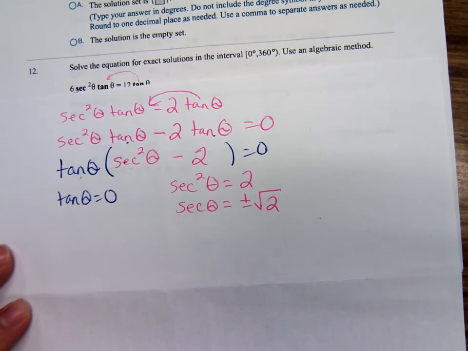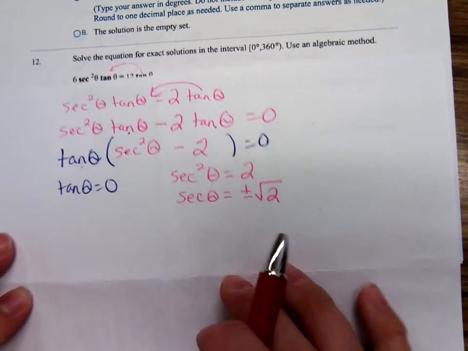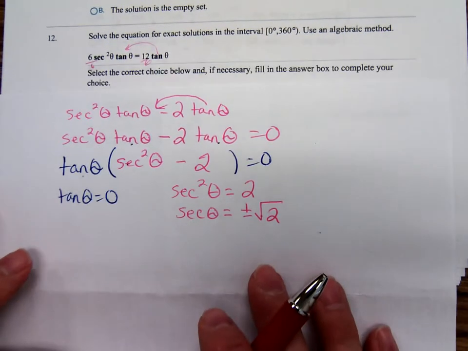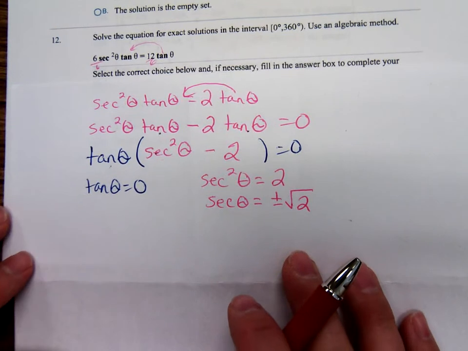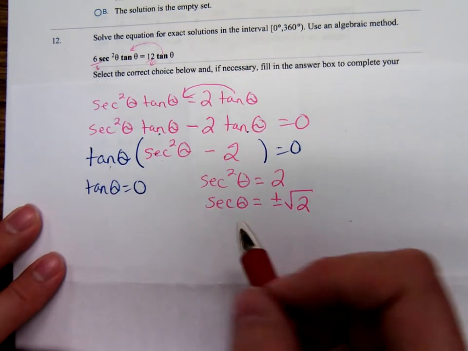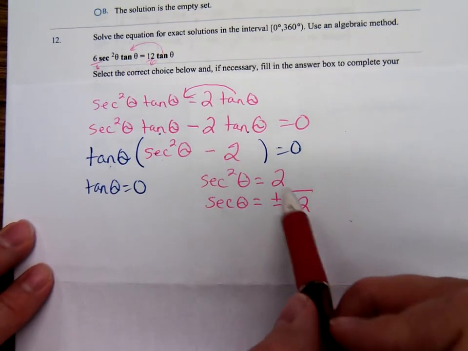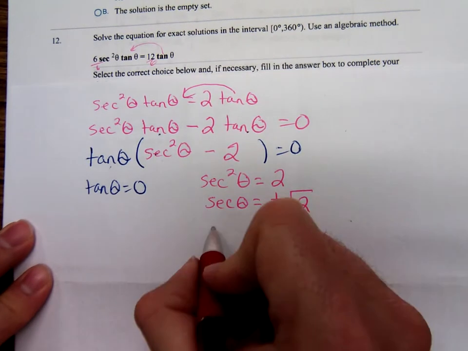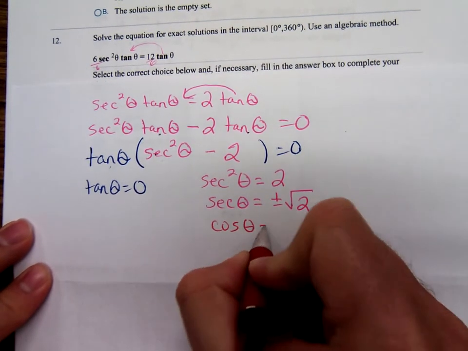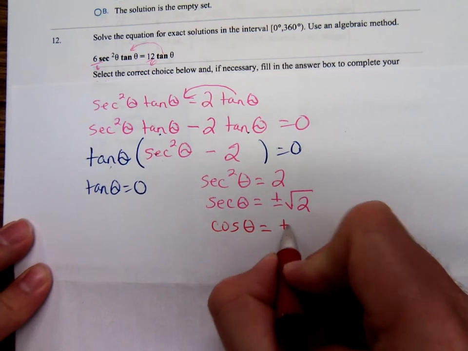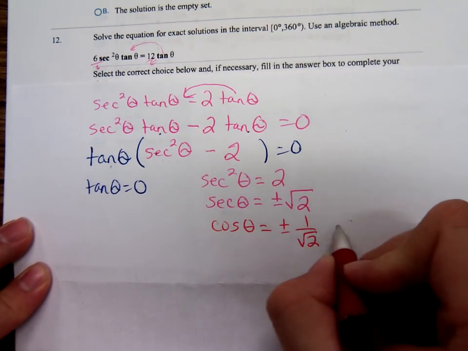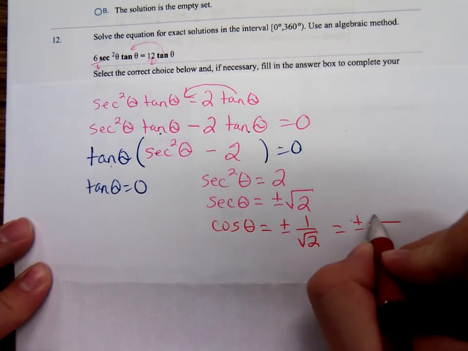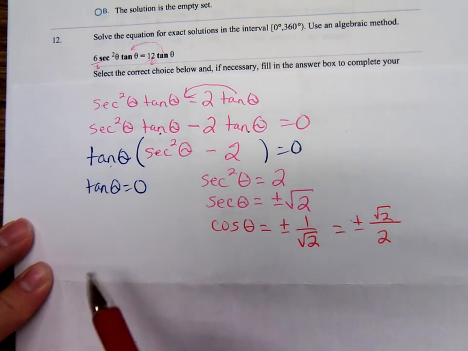I think I'm going to go ahead and think of it in terms of cosine. If secant is square root of 2, cosine theta would be its reciprocal, 1 over the square root of 2, but you rationalize to get square root of 2 over 2. So that's what I'm looking up.